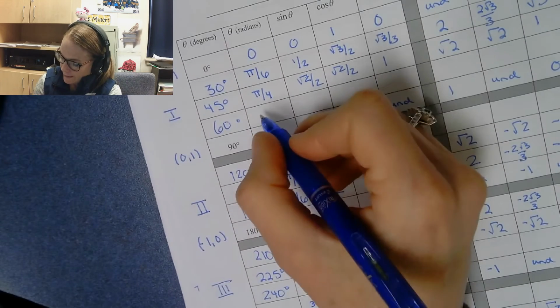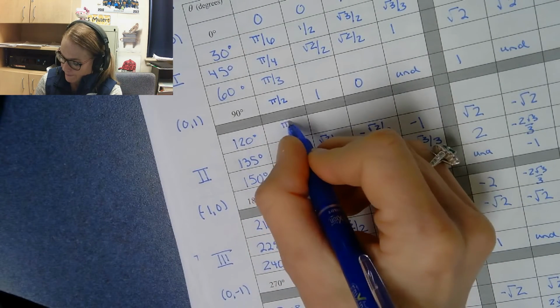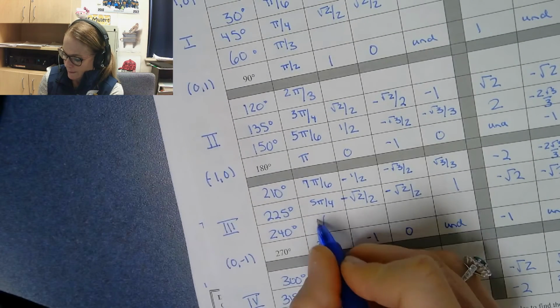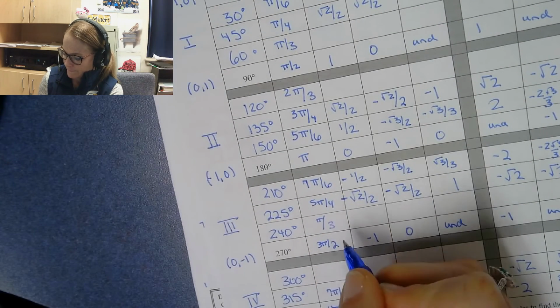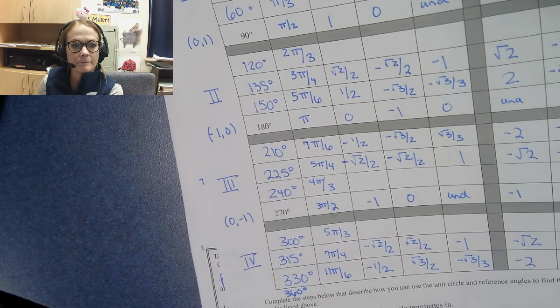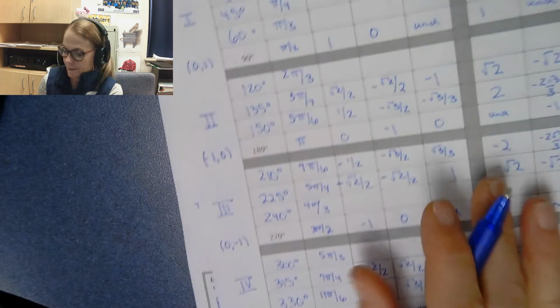So that's pi over 3. How many 60 degrees are here? 2. How many are here? 4. How many are here? 5. That's 60 degrees times 5, which is 300. So those are an equivalency.